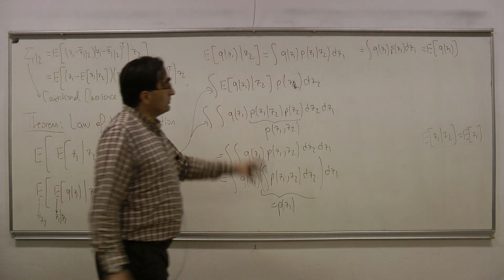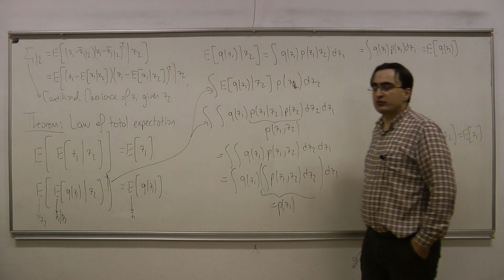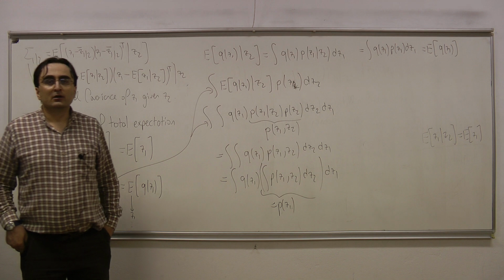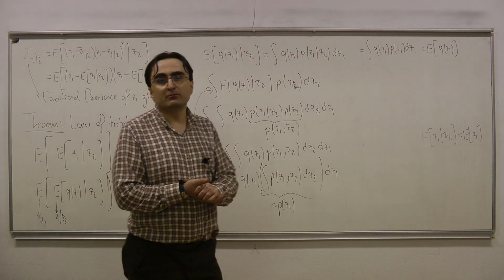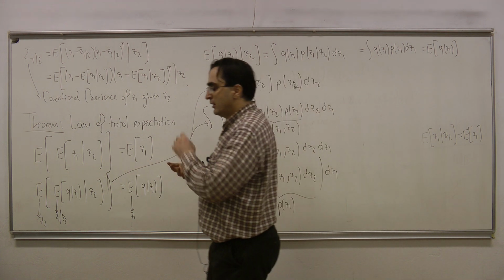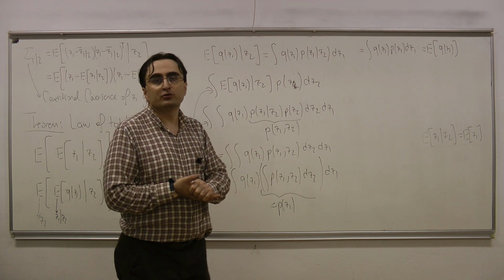So we have now seen the concept of conditioning. In the next lecture, the first thing is going to be to consider two jointly Gaussian random variables, scalar random variables, and then look at their conditional distributions.